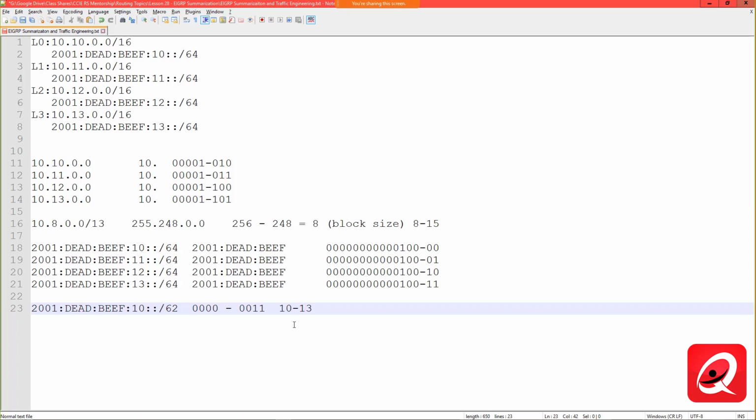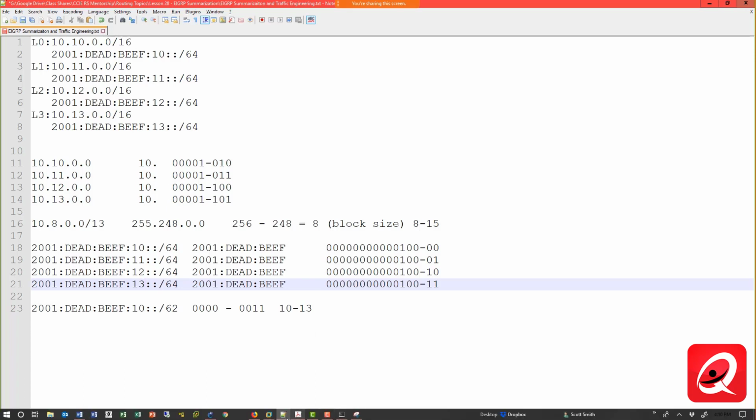Nice thing is it includes those 4 subnets, though, doesn't it? 0, 1, 2, and 3. All right. Because actually that makes sense because we're just talking about the last, essentially 2 bits in this case, are part of the summary. All right. Interesting. Good stuff. So now we've calculated what the summaries are going to be for that top router.